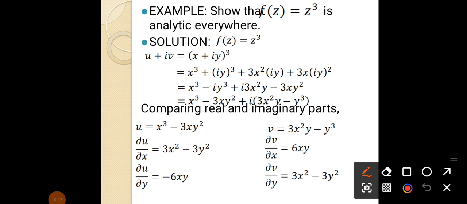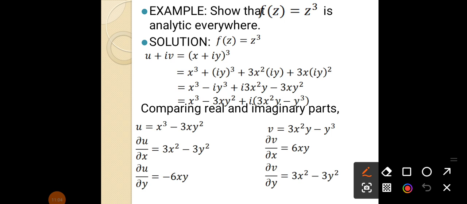Okay, similarly we find del u by del y. Now the derivative of u with respect to y: consider x as constant.